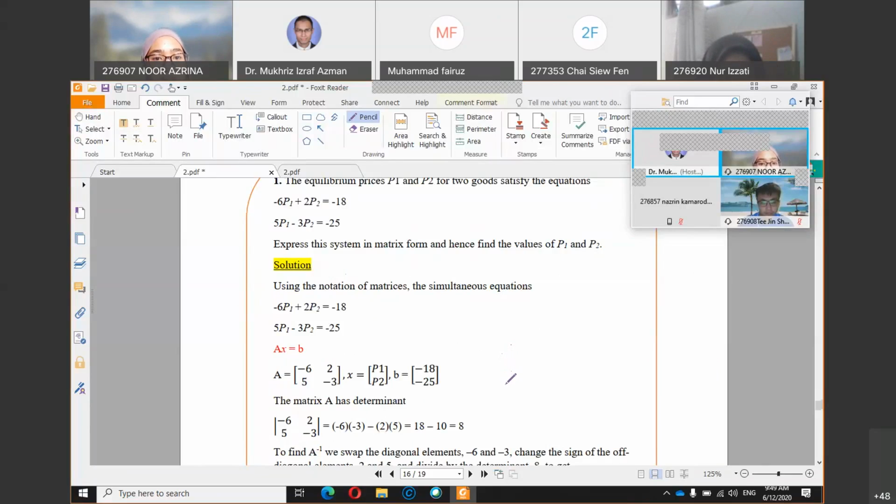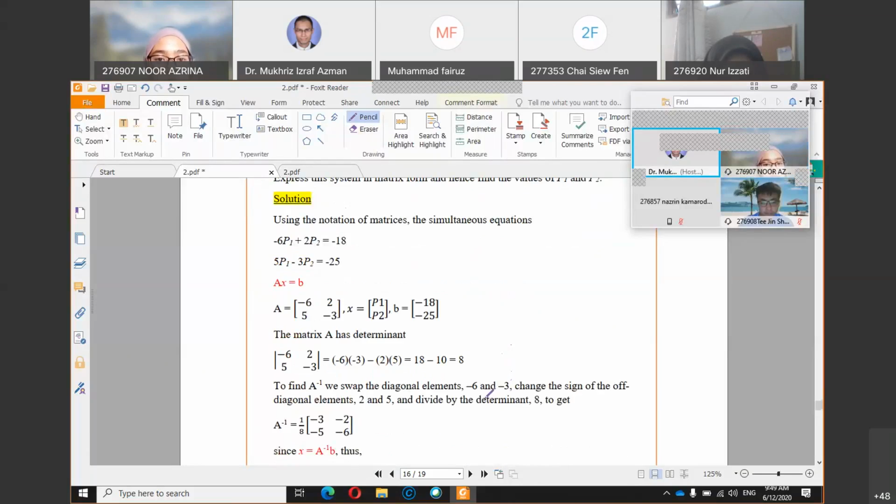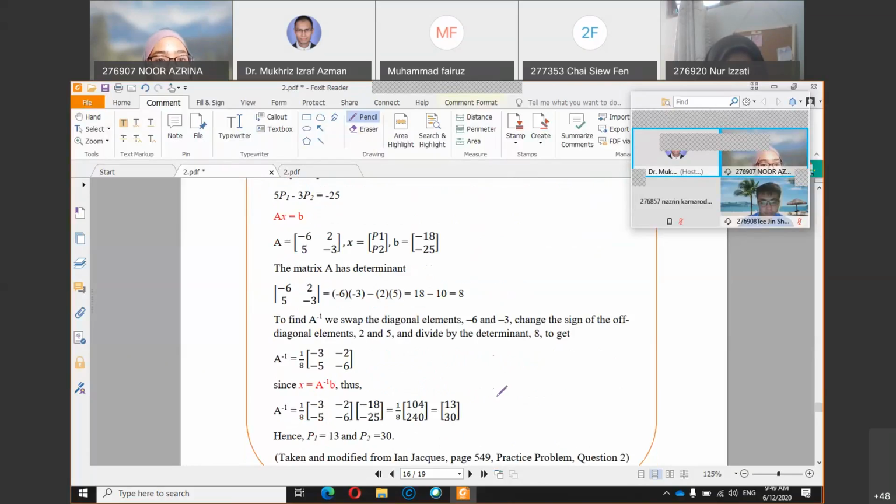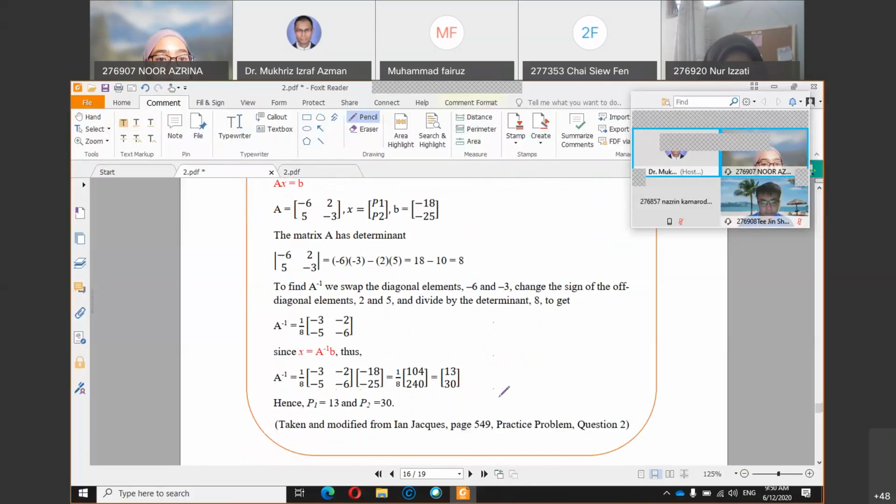If we find the inverse of A, can you scroll down? Same as the previous question, to find A to the power of -1, it is 1/8 multiplied by matrix A, where we already swapped the diagonal elements.